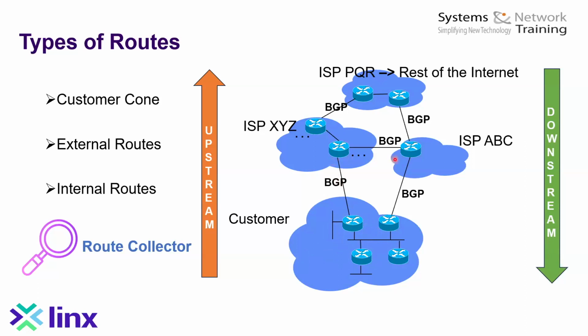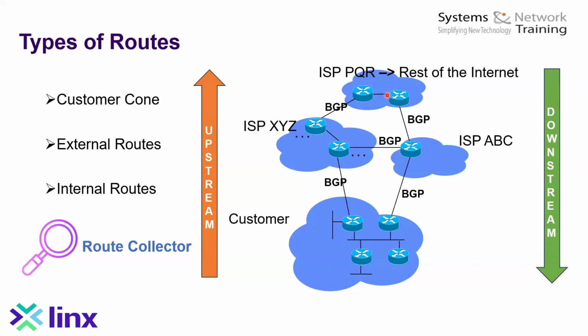Then they connect to internet service providers with their routers, and these autonomous systems are said to be upstream of the customer. Upstream being towards the internet, with the customer at the edge, and then the interconnecting internet going further and further towards the core. And these service providers have an upstream service provider here.